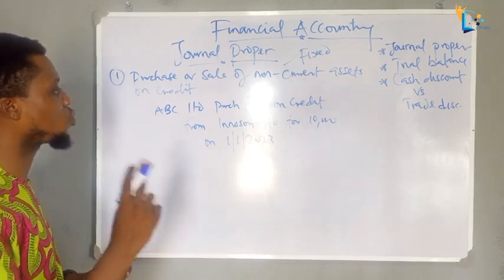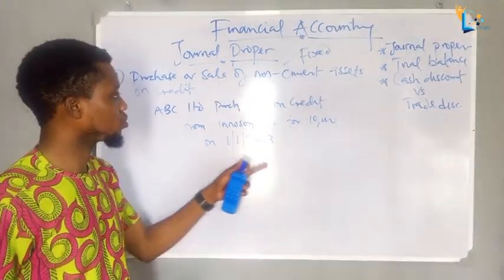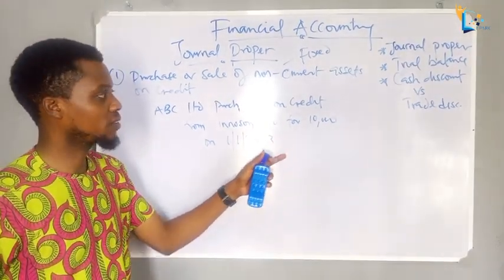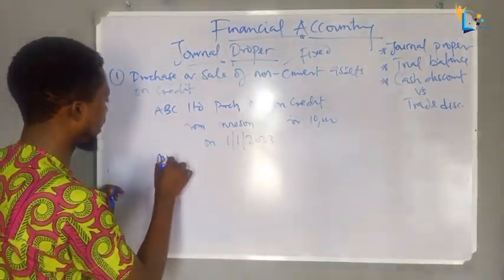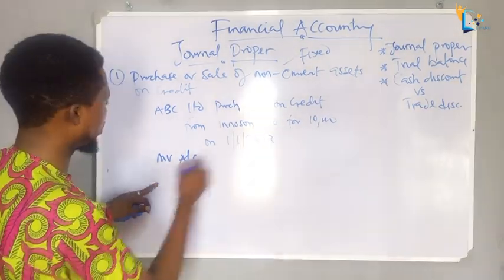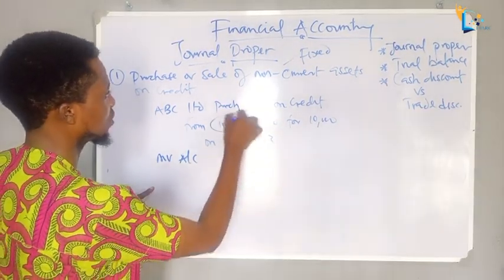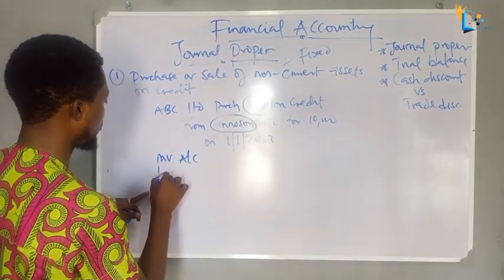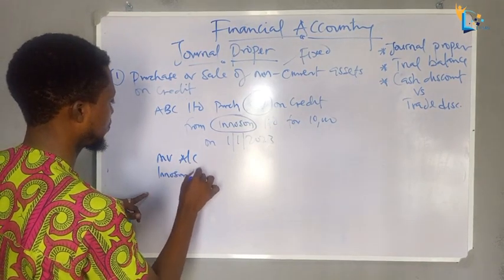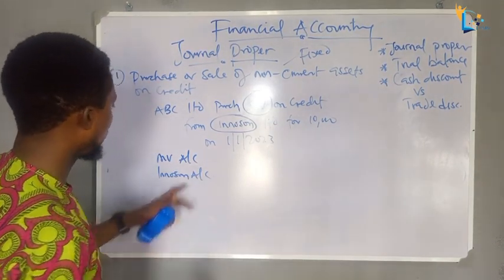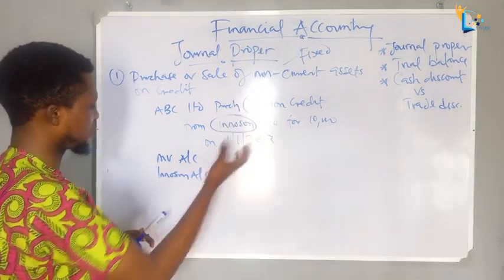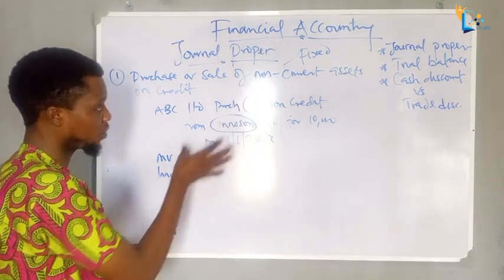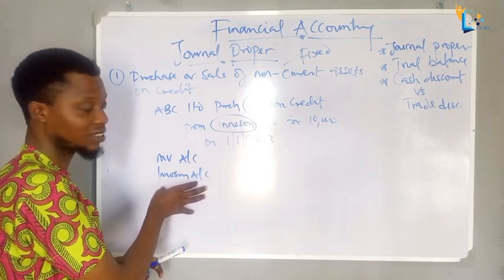Now, identify the 2 accounts involved here. We want to know which one to debit and which account to credit. The two accounts involved here are the motor vehicle account and the creditor's account, Mr. Innocent, Innocent account. Debit is the receiver. Motor vehicle is receiving here, while Innocent is what is giving out.